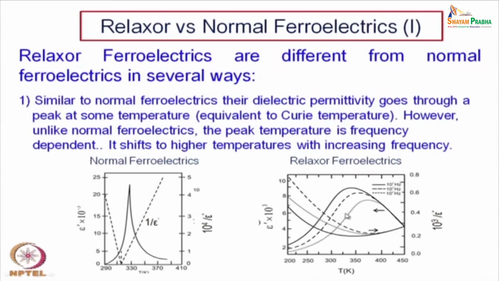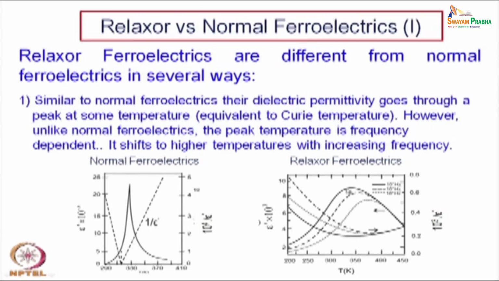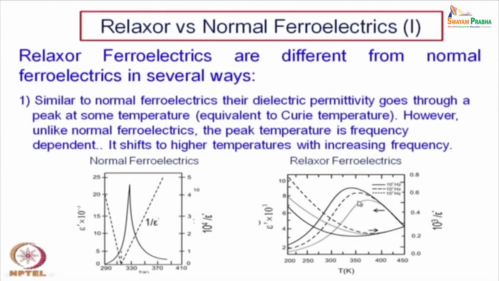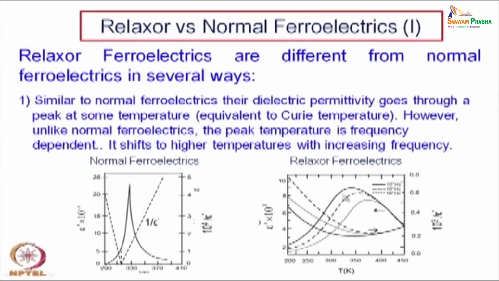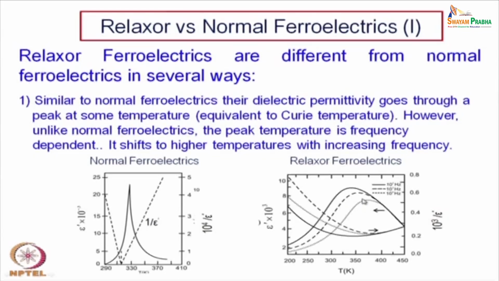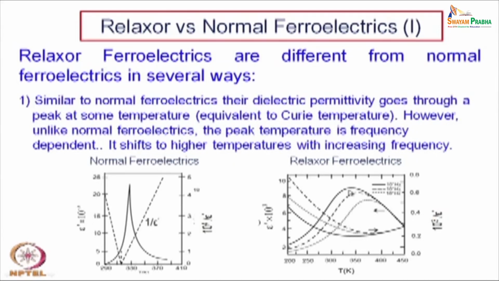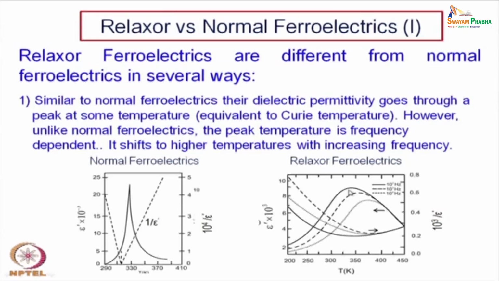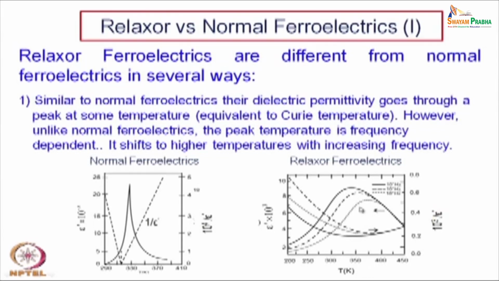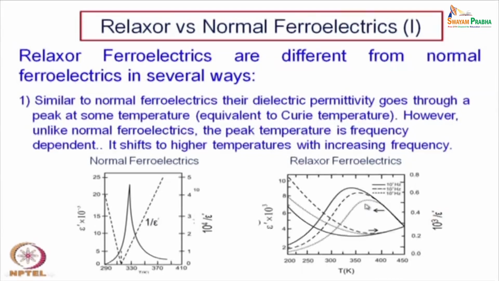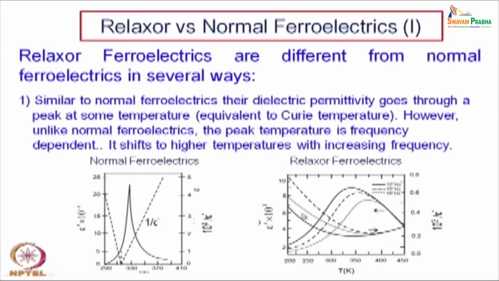at 3 different frequencies, 100 hertz, 1 kilohertz and 10 kilohertz, the peak temperature shifts from nearly 330 to around 360. So, there is a shift in the peak temperature. The same is of course reflected in the epsilon double prime as well.